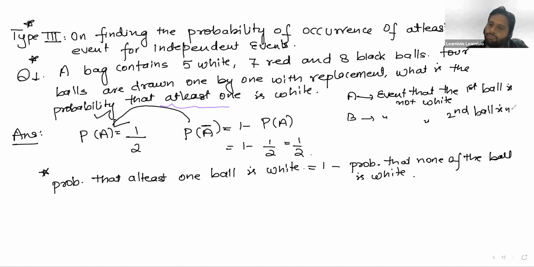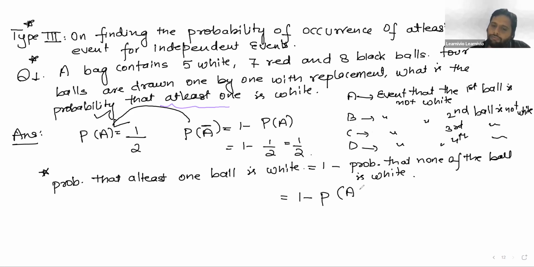C: the third is not white. D: the fourth is not white. So we need to find 1 minus the probability that first, second, third and fourth are not white. As these are all independent events, this is equal to 1 minus P(A) into P(B) into P(C) into P(D).